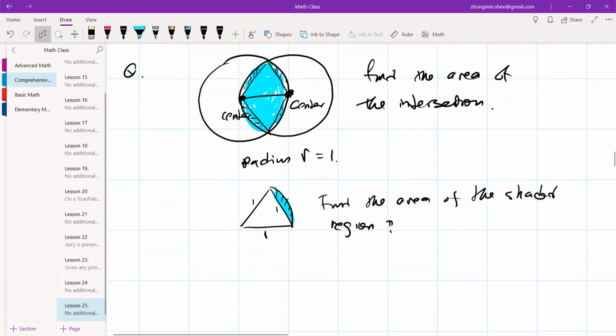So can you figure this out? Do you still remember the area of the equilateral triangle?